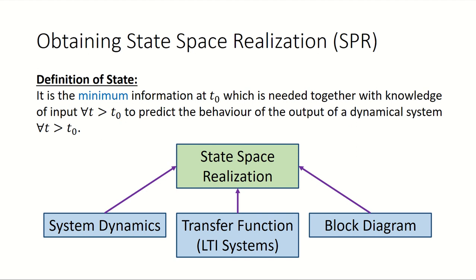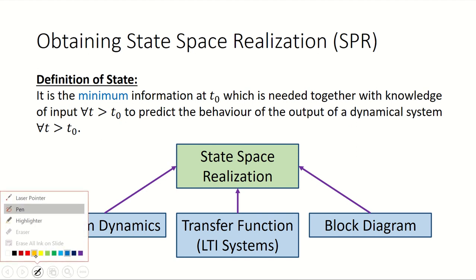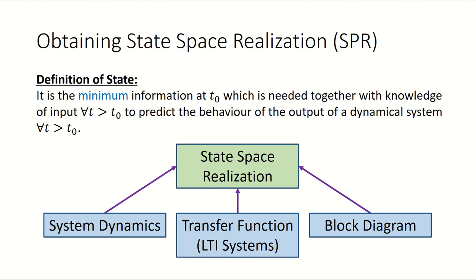So this is what is meant by the states. Now, one thing I would like to point out before ending the lecture, suppose I have in a system two states, x1 and x2.